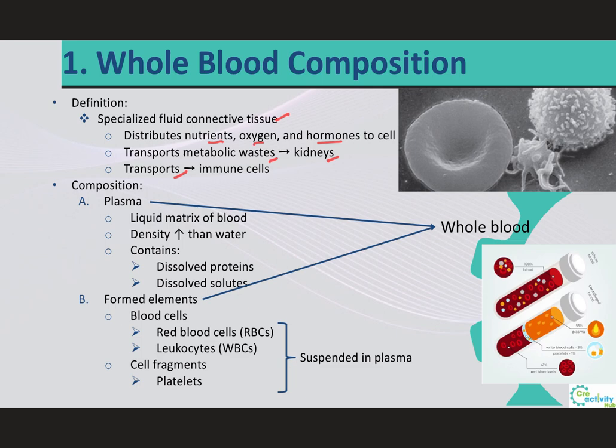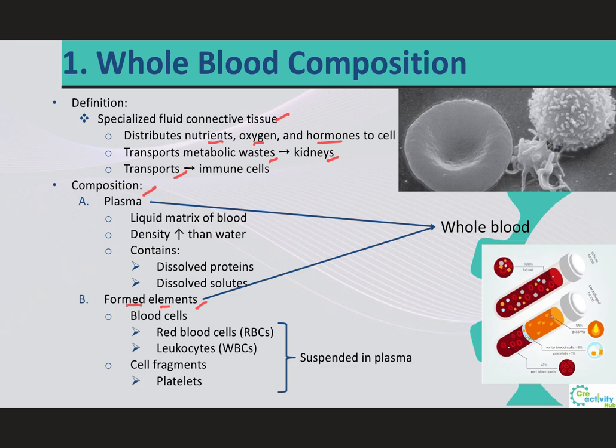Like I said, blood is this fluid connective tissue that is normally confined to the circulatory system, and it does have unique characteristics and composition. And it is made up of two components, which are the plasma and what we call formed elements. Let's talk about the plasma first.